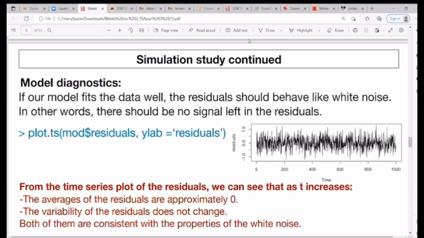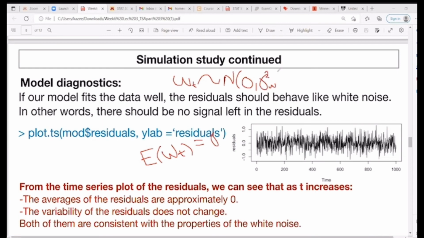You remember in the assumptions, we expect the mean of the residual to be around 0. Don't forget, when we specified the noise, we said it is i.i.d., following a normal distribution with mean 0 and variance sigma squared W. So it should be around 0.